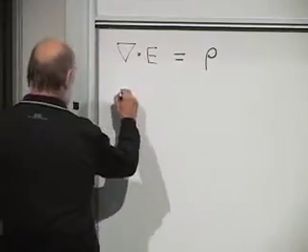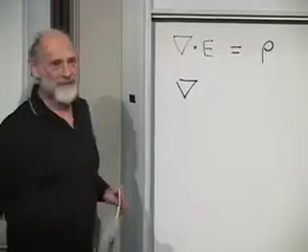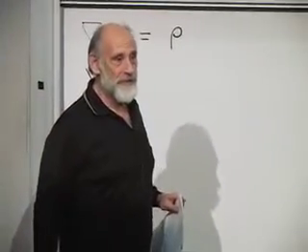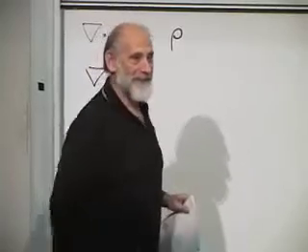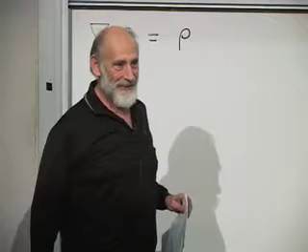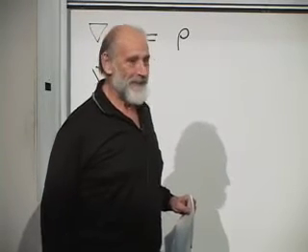The curl of E, everybody know what a curl is? No. Who said no? Do you mean it, or shall I explain it? You do or don't? I do. I didn't say no. I know.